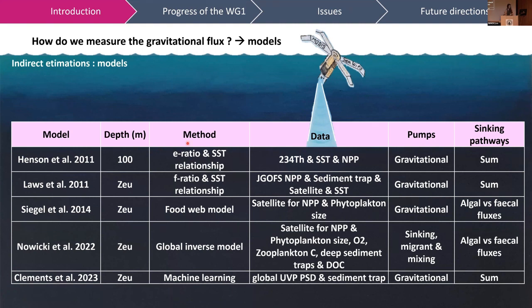Some are tuned by export efficiency and sea surface temperature, others by NPP and phytoplankton size, or even by oxygen or DOC measurement. The NOWIKI model includes migration and mixing pump as well as the gravitational pump. But for comparison purpose, all the results that I will present here are only the extracted gravitational part.